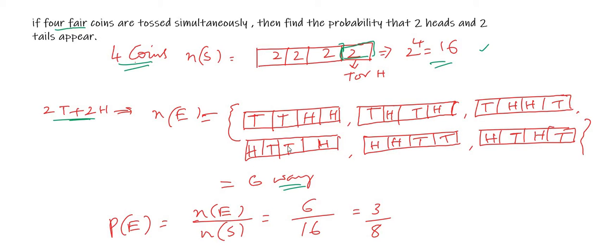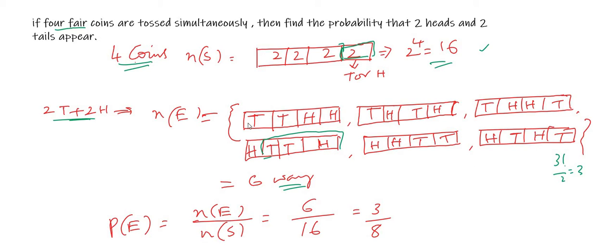Similarly, when I fix H here, the remaining 3 can be arranged in how many ways? 3 factorial by 2, again two are the same, we can do that way because of repetition. There will be T T and H, which can be done in 3 factorial by 2, which is 3 ways. So fixing H gives 3, fixing T gives 3. That means total 3 plus 3, 6 ways.